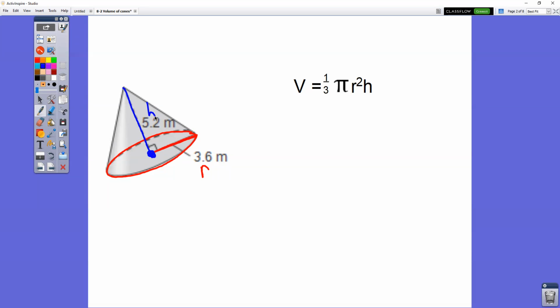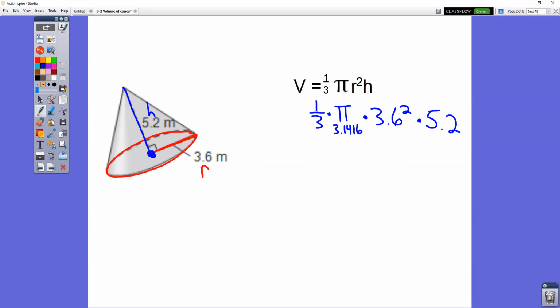So when we go to sub it into the formula, we have 1/3, no matter which way you use it, either 1 divided by 3 or 0.33333, times pi. Now remember, if you don't have a pi button on your calculator, you can use 3.1416 times the radius squared, the radius being 3.6, so times 3.6 squared, times your height, which is 5.2.